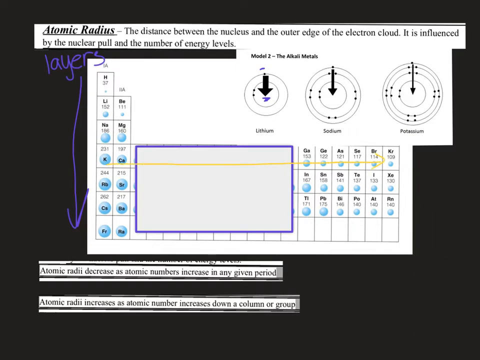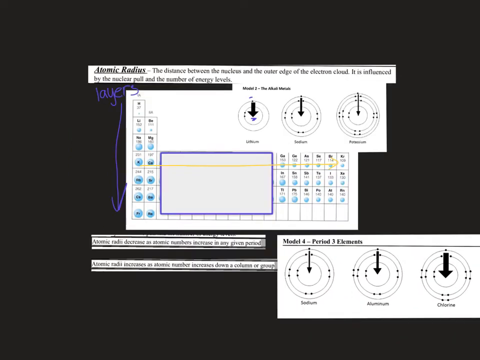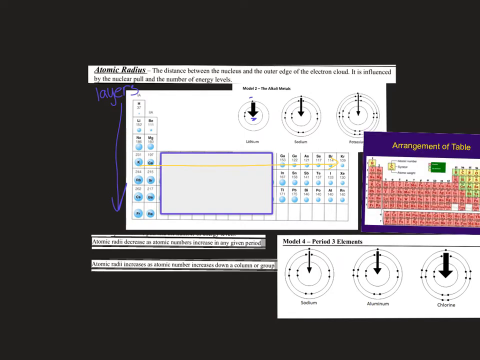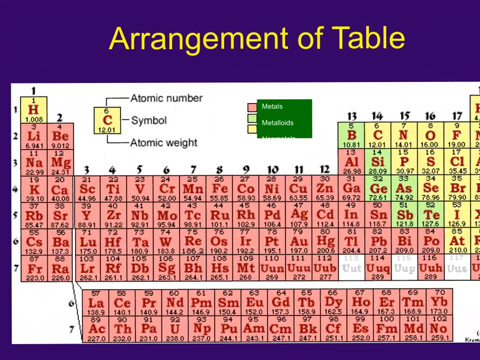And just a reminder from what we just saw on the last page, as we move across the period, we are going to have more protons. As we see on our periodic table, the atomic number is what is getting bigger as we move across.